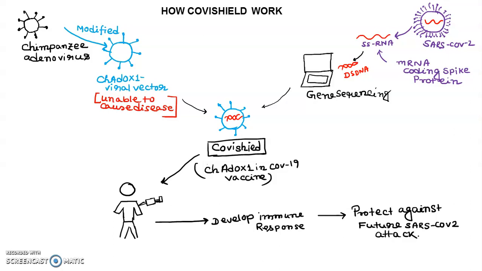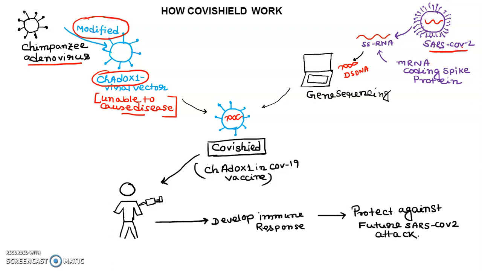Now you can see how Covishield works. These are chimpanzee adenoviruses, and these are the modified forms, ChAdOx1. This virus is unable to cause disease in humans. That's a modified vector form. Now these are SARS-CoV-2, a virus that contains single-stranded RNA.